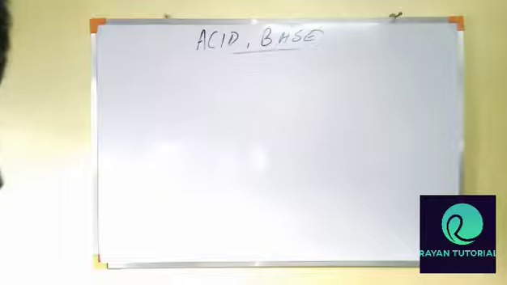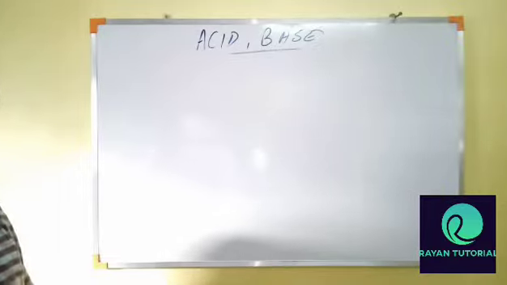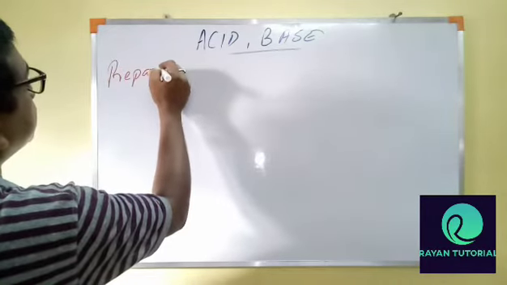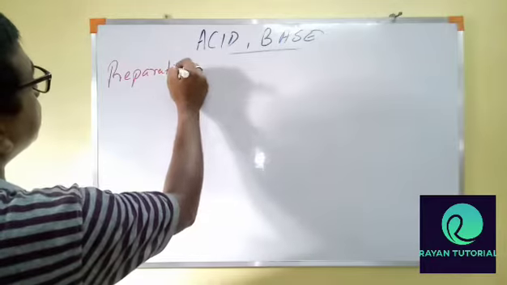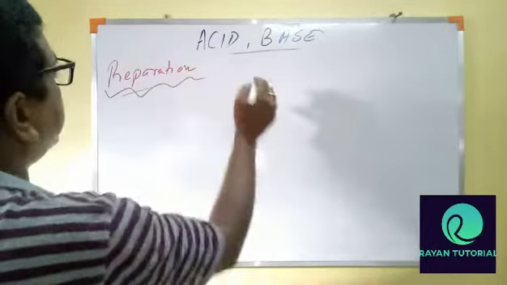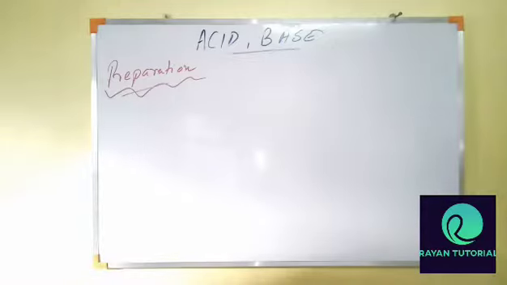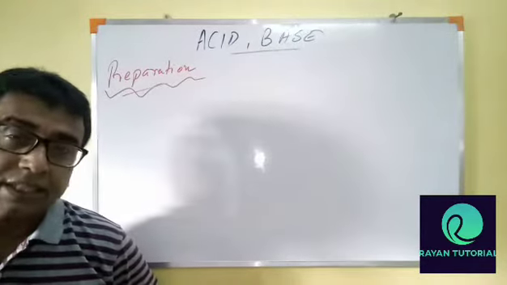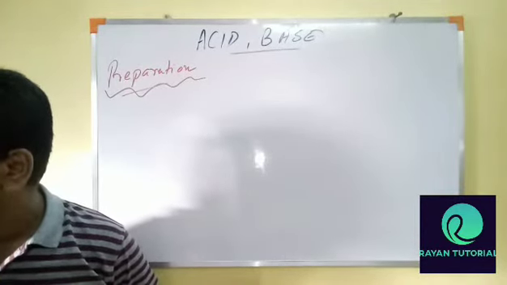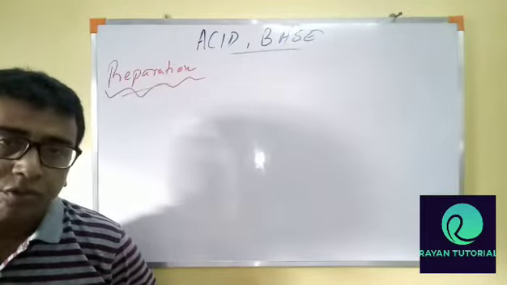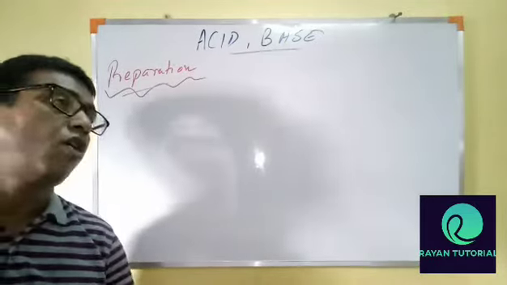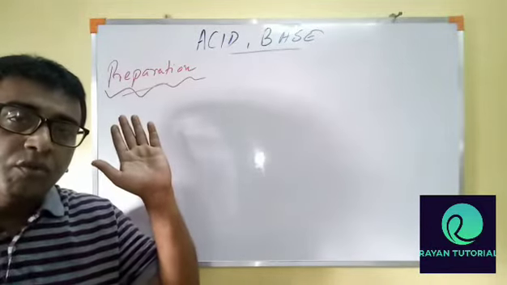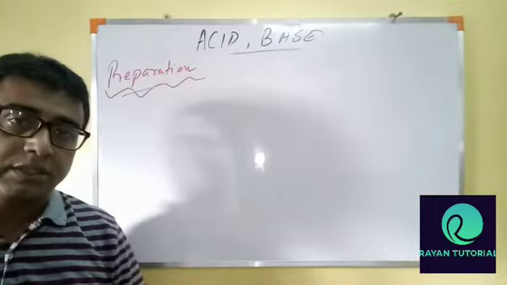Okay, now how should we prepare the acid? Preparation. How to prepare acid? First of all, always remember acids we will be getting all from non-metals, and from metals we will be getting base. Now what is base? Later I will come to you. Now just remember one thing, that acid you will get from non-metals.